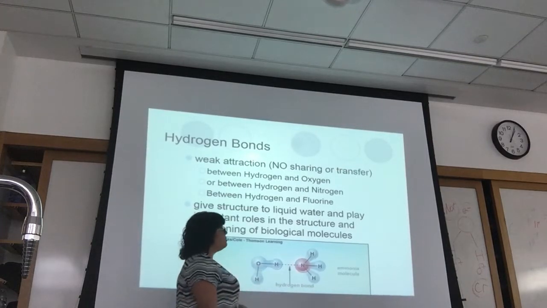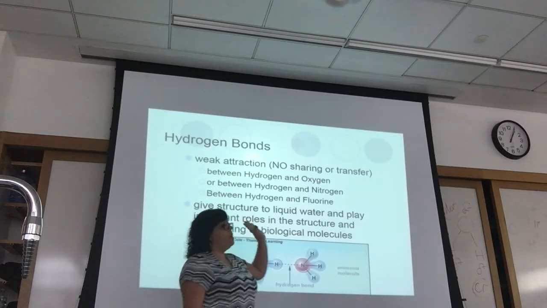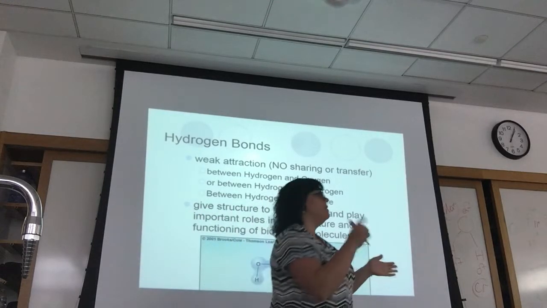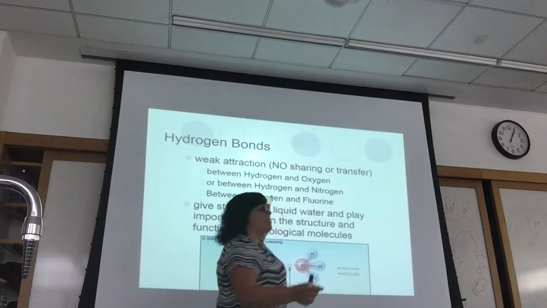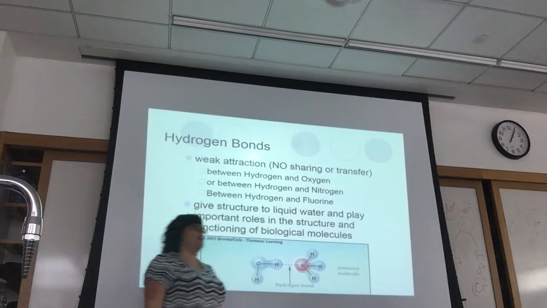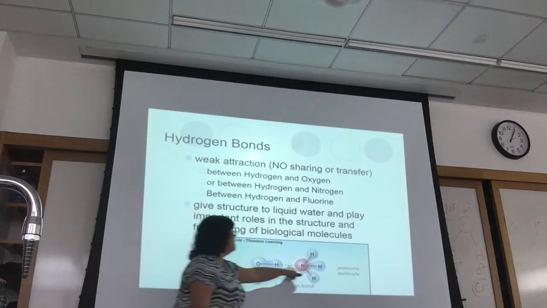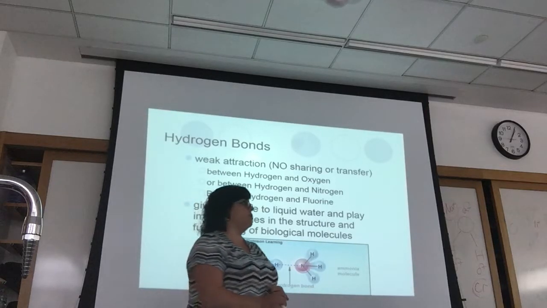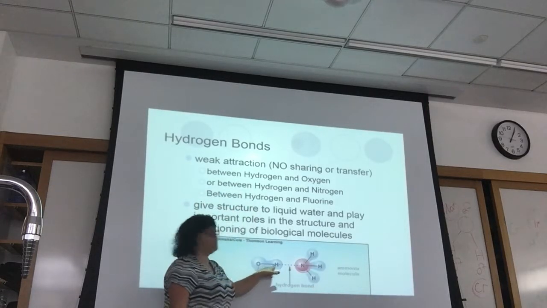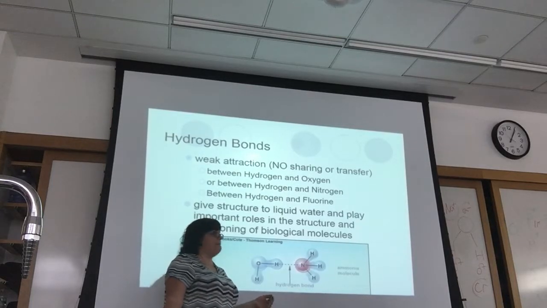But the three cases in which you will see a hydrogen bond involve hydrogen and oxygen, hydrogen and fluorine, and hydrogen and nitrogen. It doesn't mean that every bond with those has to be a hydrogen bond. But I will show it to you as either dotted or dashed, so that would be an indicator for you. If it's just a straight line like this one, that's a covalent bond, right?